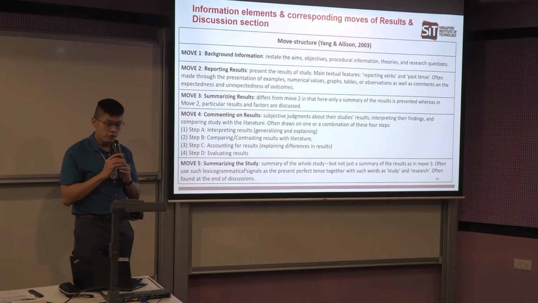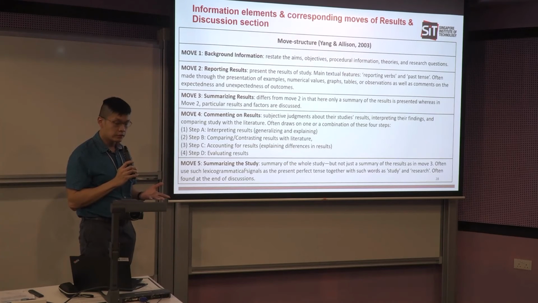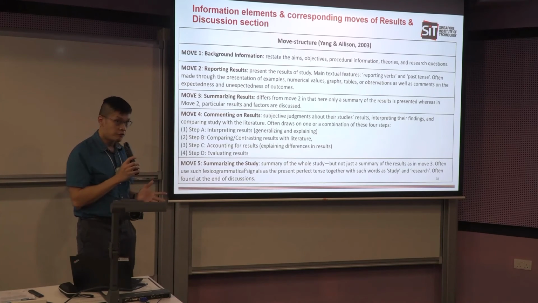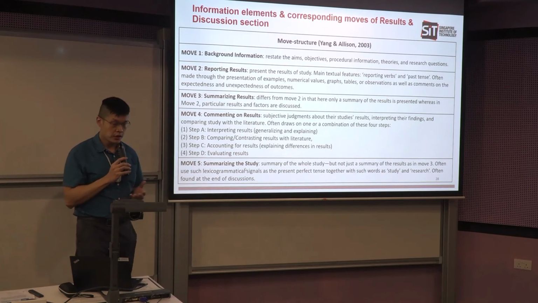So these are the moves or the structure as detailed by Young and Ellison, who are genre analysts. So we have, as you can see, basically 5 moves here that's being identified. So these moves are what we would say recurring patterns, like what my colleague Dr. Lee was talking about.